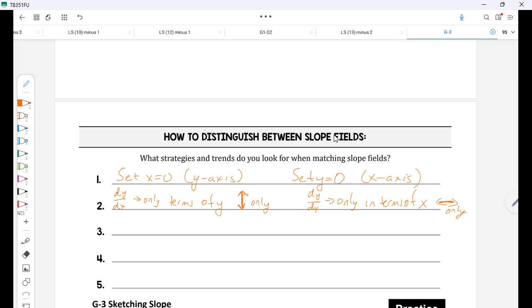If you can easily tell when dy dx is going to be greater than 0 or less than 0, because obviously if dy dx is greater than 0, you've got to see positive slopes. That's how we did the negative xy one. And if dy dx is less than 0, we should only have negative slopes. Again, it's just looking at your function and trying to decide, can I easily see when this is going to happen?